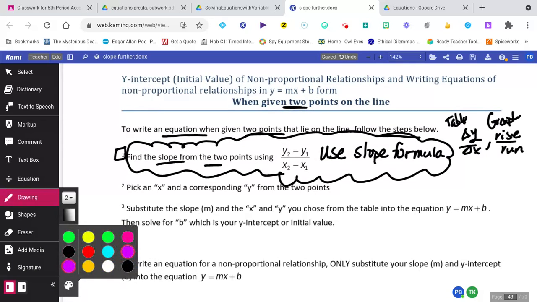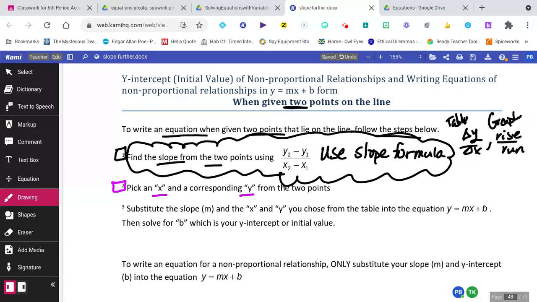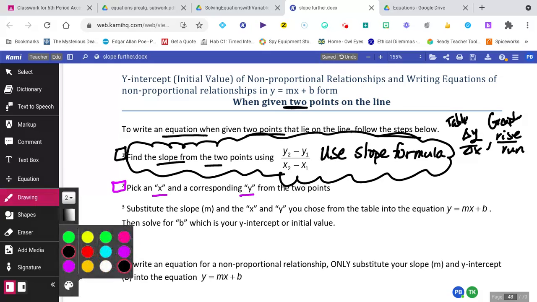The second thing you're going to do is what you did before. When you were writing the equation for a table, you're going to pick an x and a corresponding y from the 2 points. So basically, you pick one of the points. Why are you picking one of the points? So you can complete number 3.